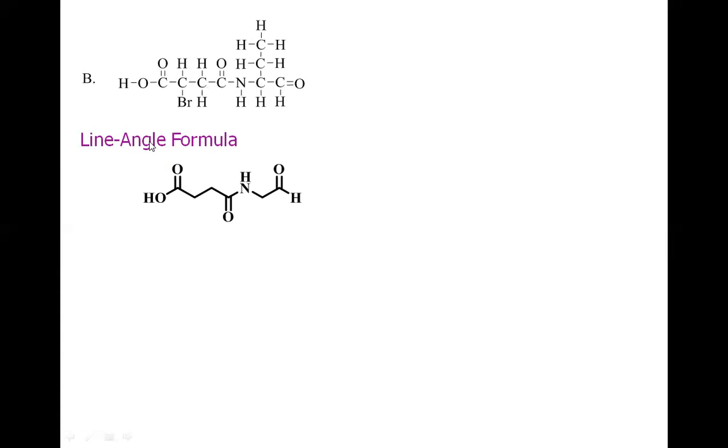Here I would like to add one concept: in the line angle formula, as mentioned, the hydrogens attached to carbon are not shown, but the hydrogens attached to heteroatoms are to be shown. And remember, the heteroatom means any atom other than carbon and hydrogen. So hydrogen with the oxygen and hydrogen with the nitrogen should be shown here.